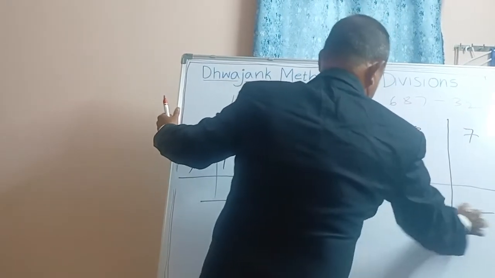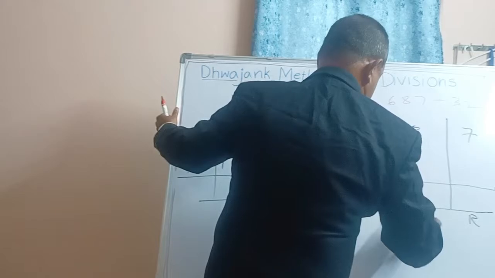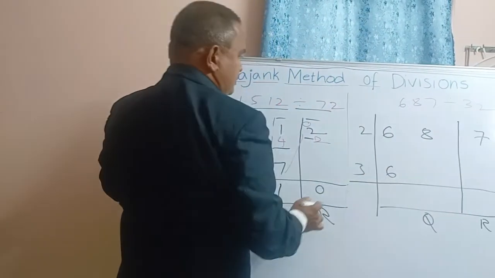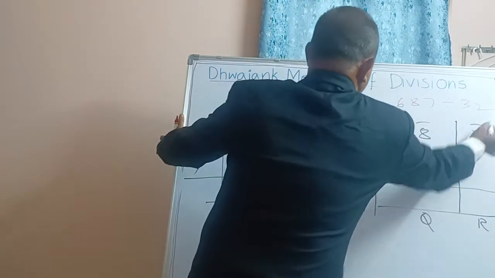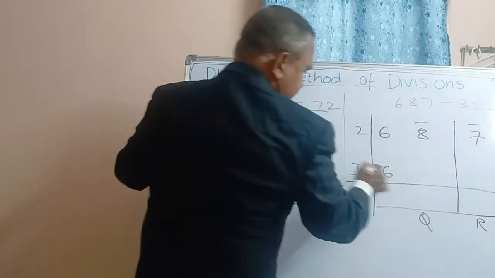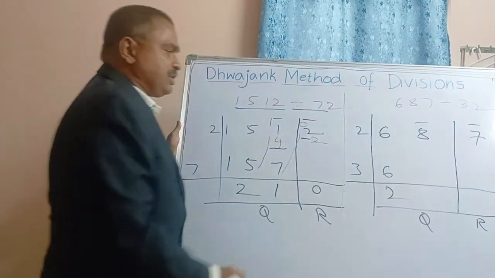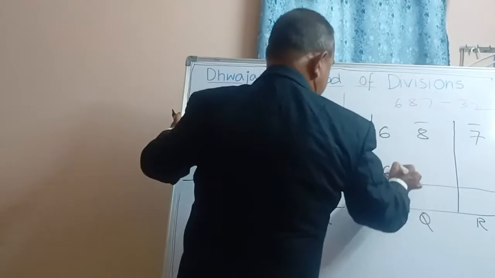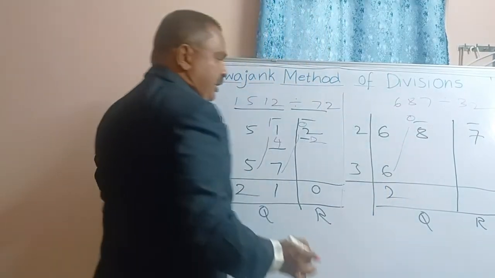This is the quotient. Bring down 6. This will be the next part. 6 divided by 3, 2 times. 2 threes are 6. What is the remainder? 0 is the remainder. Keep 0 here.